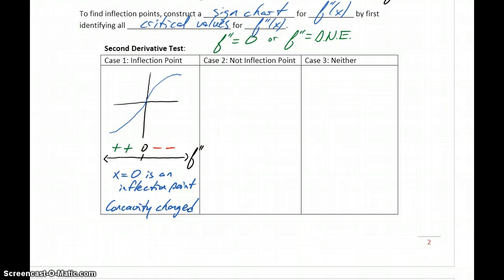Case 2 would be that we find a point where the concavity changes, but we don't have an inflection point. So this would occur if we started off with a function that was concave up, we hit a point where the function was undefined, and then it changes to being concave down.